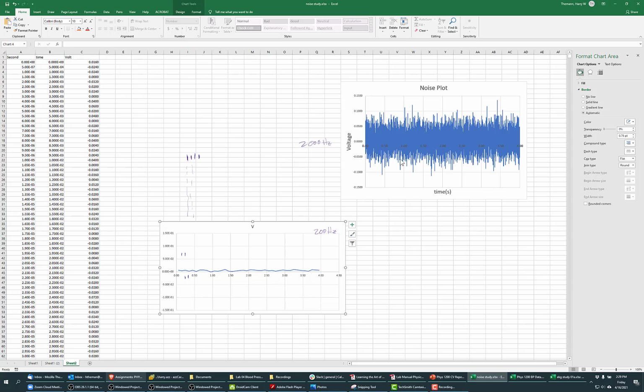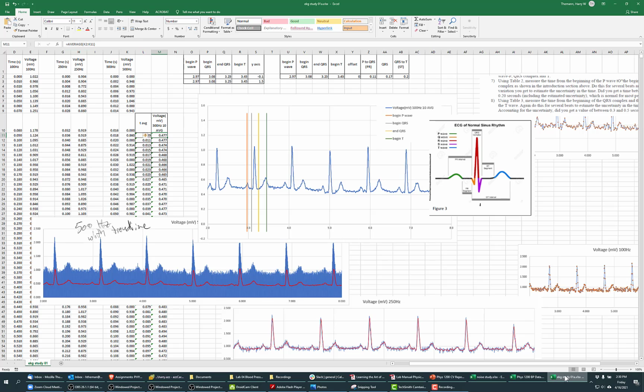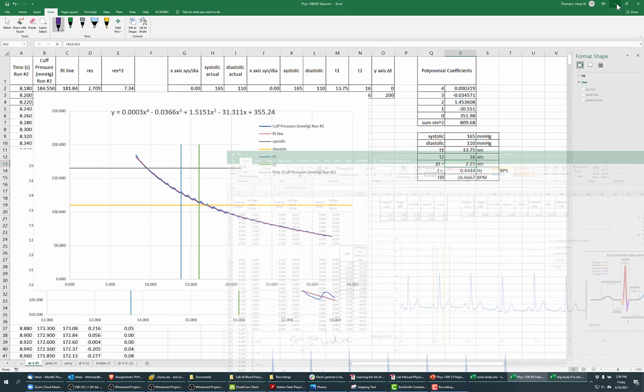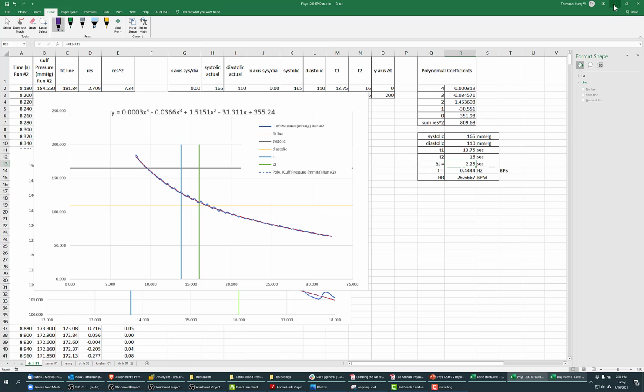So that's the equivalent of doing a moving average of 10. So it knocks the noise way down, and in fact, that's exactly what we see. Gets rid of all the little wiggles. And for physics 1200, that's really all we need.